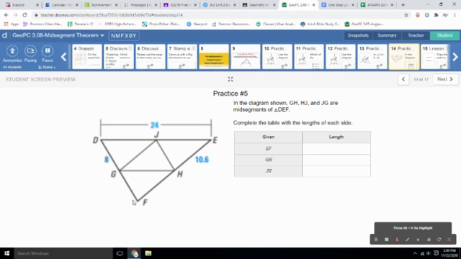EF, which is this whole length, we know if this part is 10.6 and H is the midpoint, then we know we have to add this to itself. So it'd be 10.6 plus 10.6, which would give us 21.2.